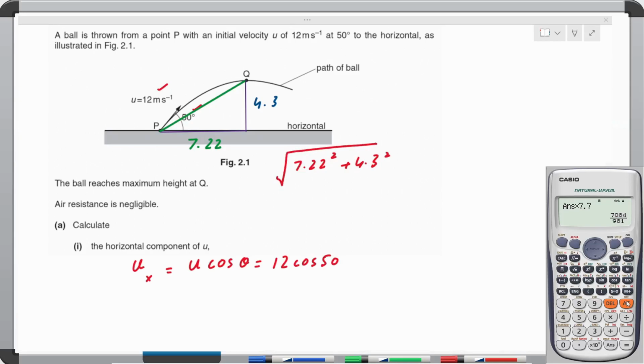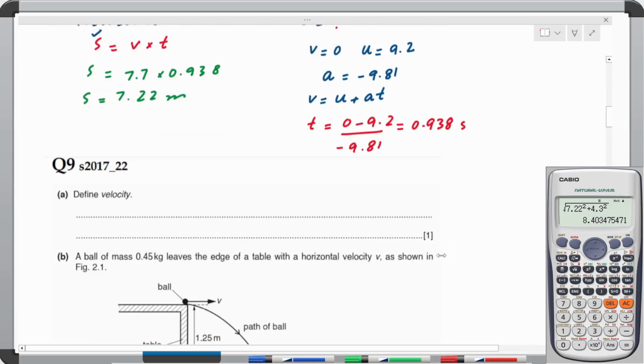Then you can hit it on the calculator. 7.22 squared plus 4.3 squared, and equals. What we get here is 8.4 meters. So for this one, in 2 SF, the answer that you get is 8.4 meters.